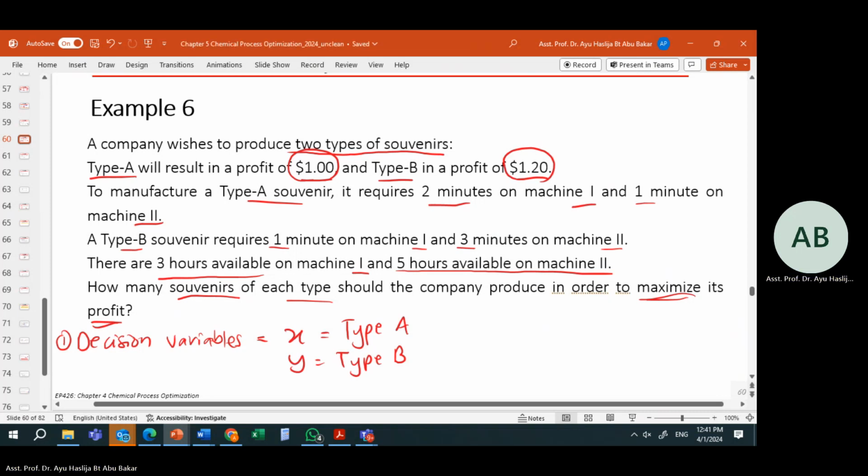Identify the decision variables first. Then you should come out with your objective function equation. Remember, the objective function is to maximize.